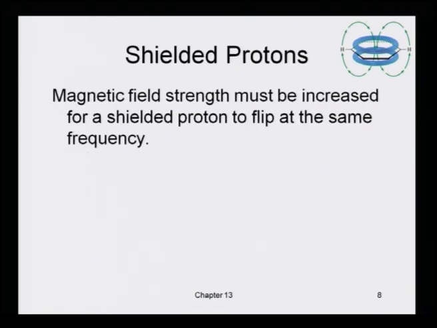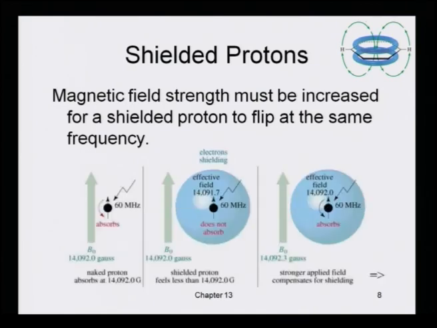For a shielded proton to flip at the same frequency, the magnetic field strength must be increased. So, now what should happen is that if the spinning nucleus is experiencing the effect of the radio frequency under a given larger magnetic field, of the order of 14,092 Gauss, a naked proton will absorb at 14,092 Gauss.